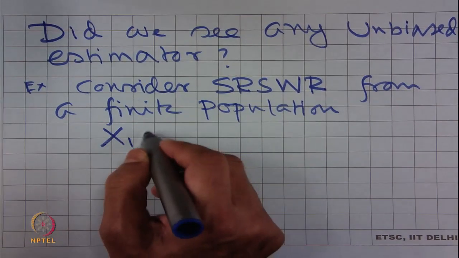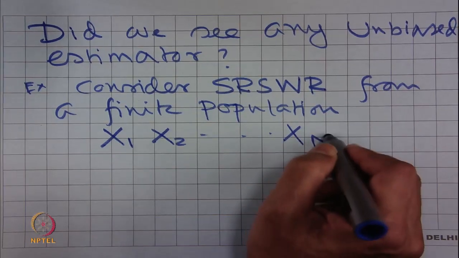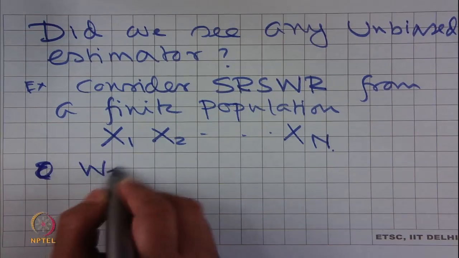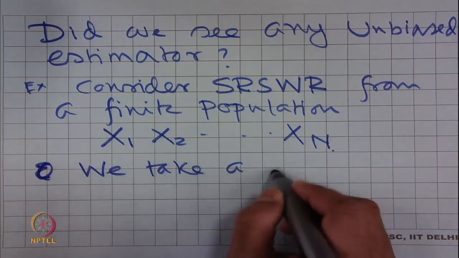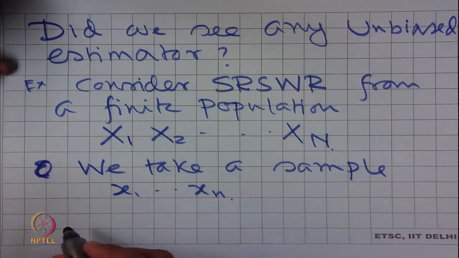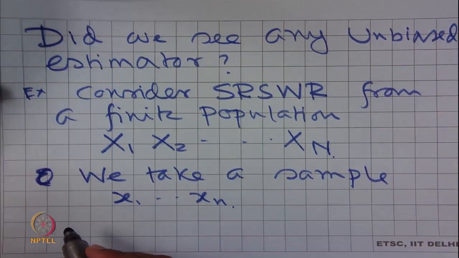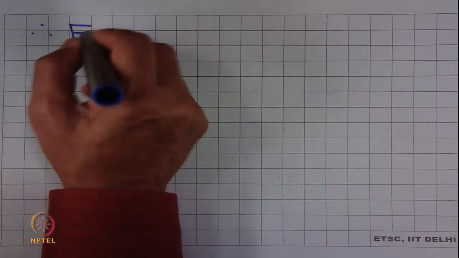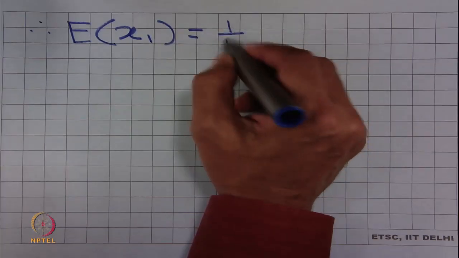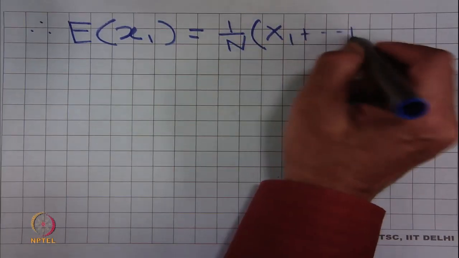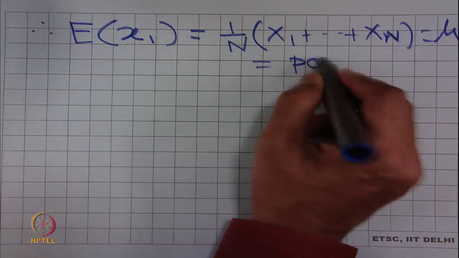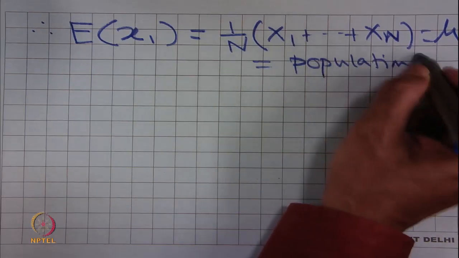We take a sample x1, x2, ..., xn. Therefore, the expected value of x1 is 1 by N times (X1 plus ... plus XN), which is equal to mu, the population mean.